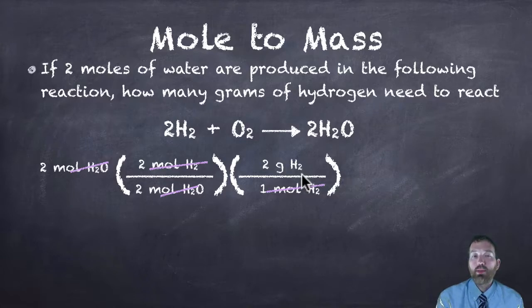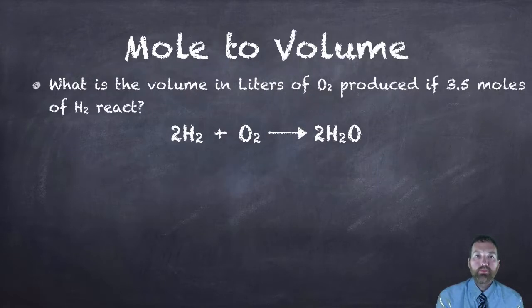So you see this problem only required 2 brackets, and that's going to happen sometimes with a mixed problem. So 2 times 2 divided by 2 is really just multiplying by 1, so you could skip this if you'd like. But 2 times 2 divided by 2 times 2 is going to be 4 grams of hydrogen.